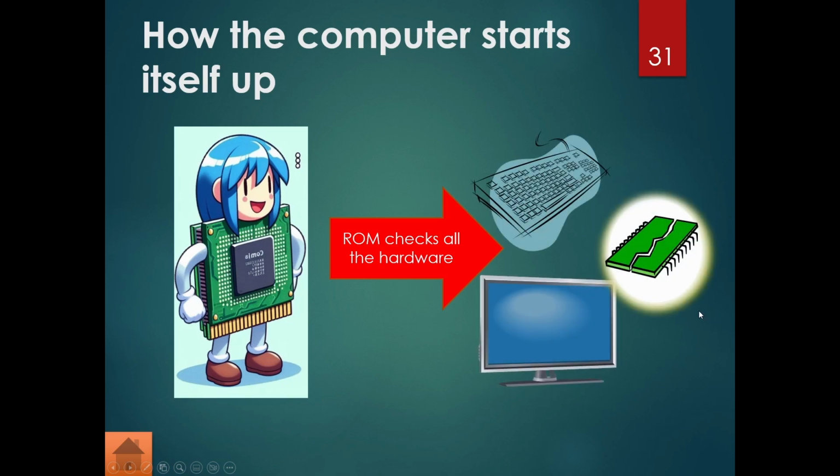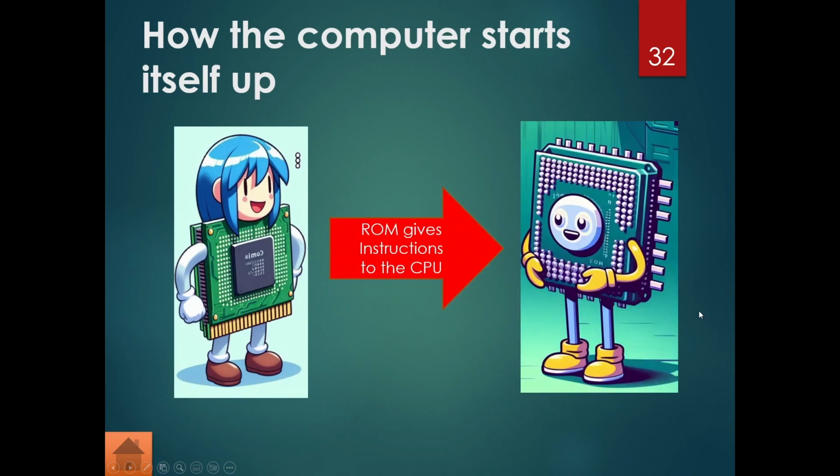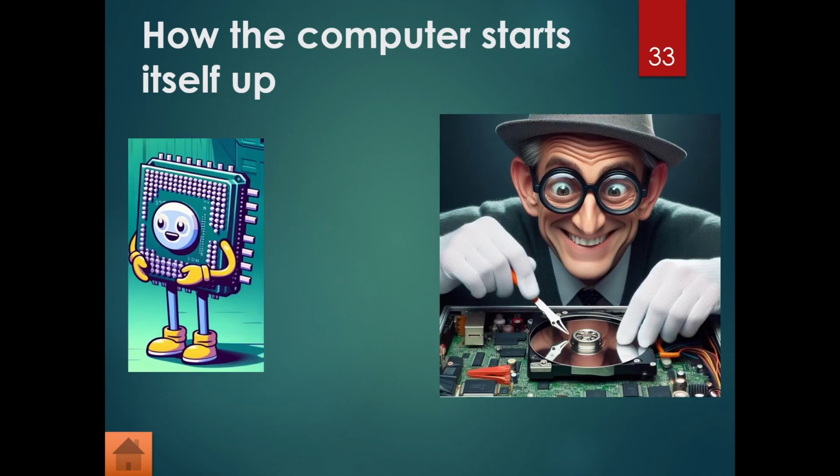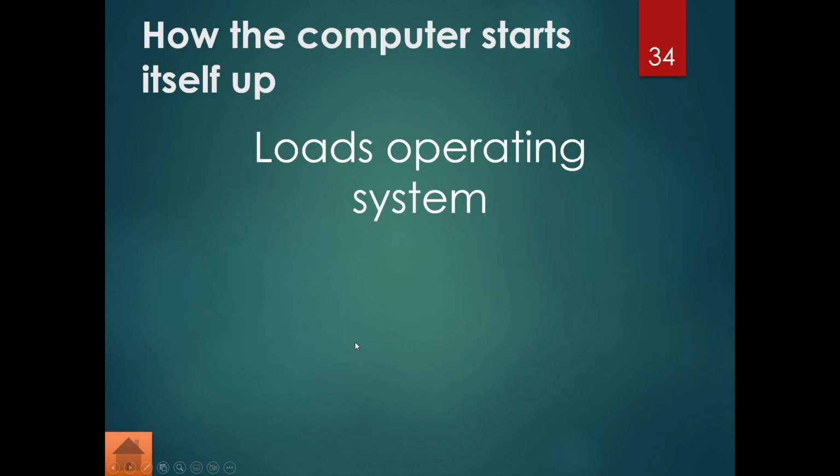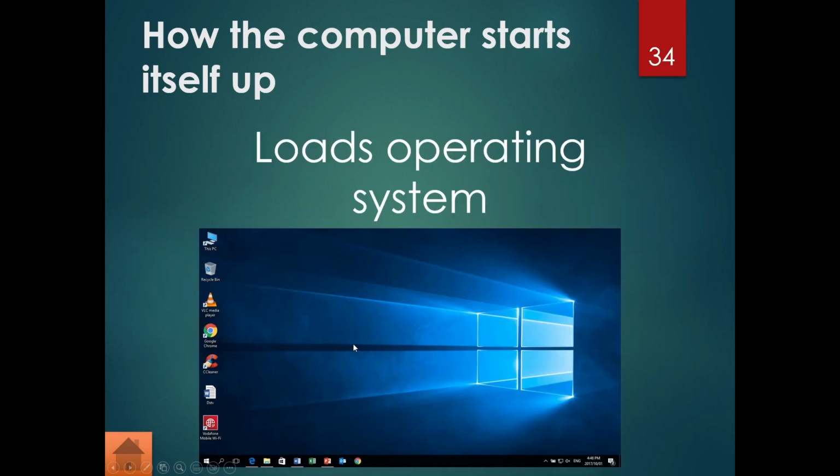The ROM then checks all the hardware for us, checks that everything is okay. It then gives instructions to the CPU. The CPU looks to find the hard drive and the operating system on it and then loads the operating system. And that brought that particular module to an end.